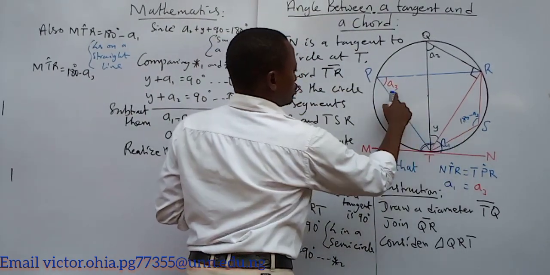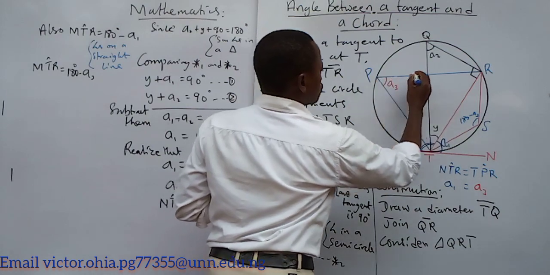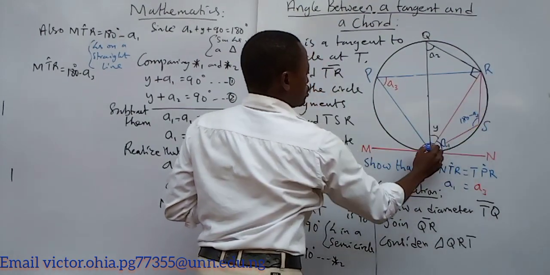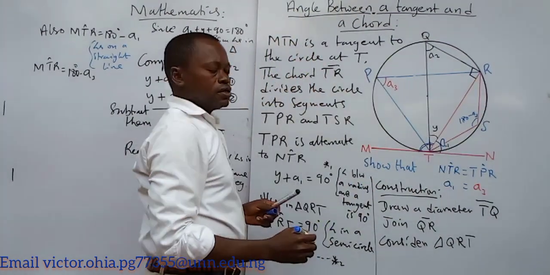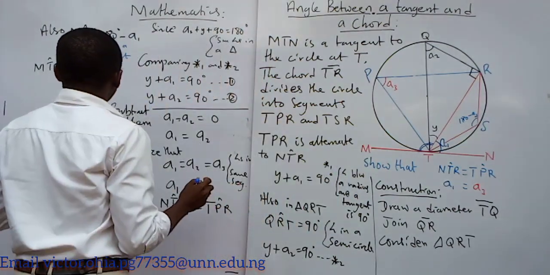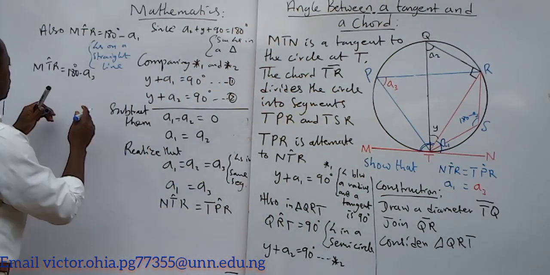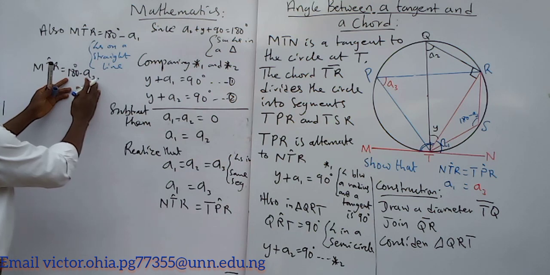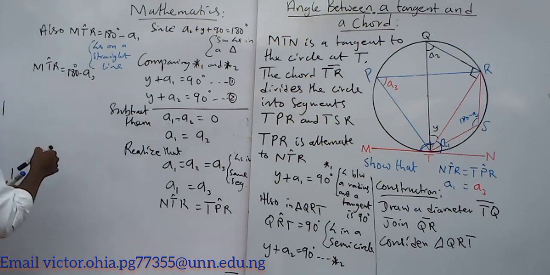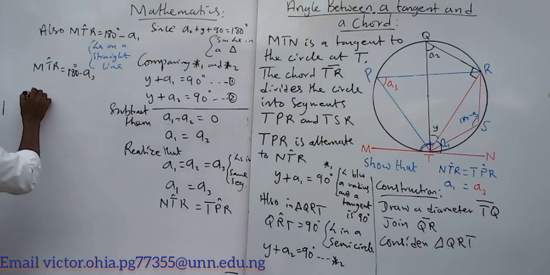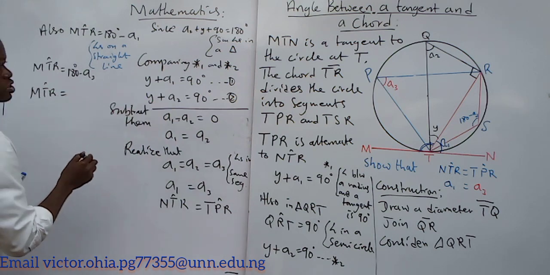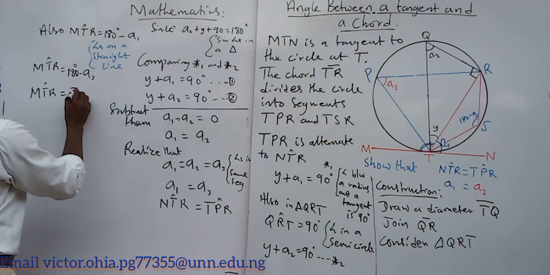Opposite angles of a cyclic quadrilateral are supplementary if you consider this and this. So it then means that, now what is that 180 minus A3? That MCR is equal to TSR.